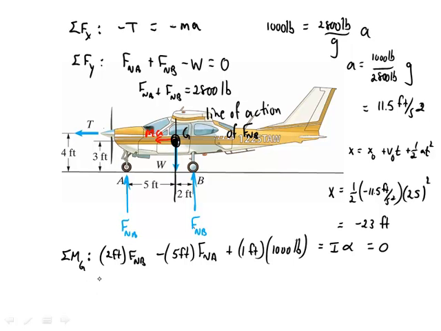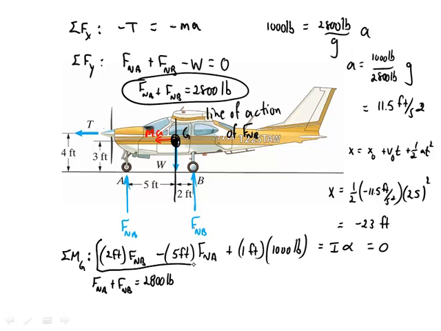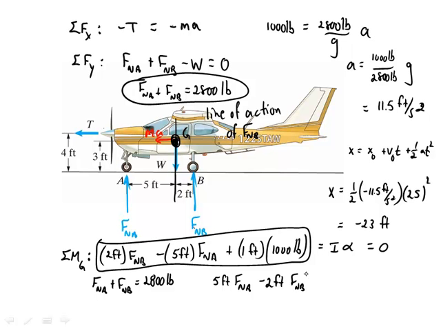And so what I'm going to end up with is FNA plus FNB equals 2,800 pounds. That's coming from this equation. And then this equation will yield 5 feet times FNA minus 2 feet times FNB equals 1,000 foot-pounds.